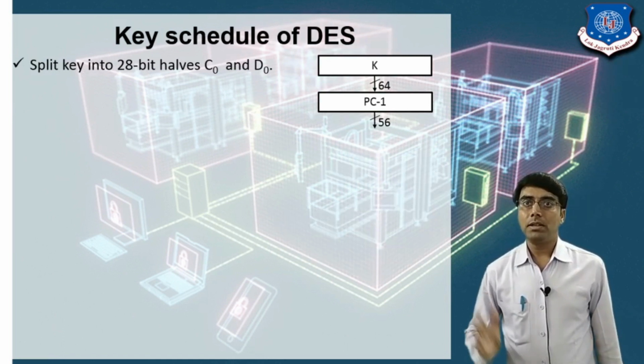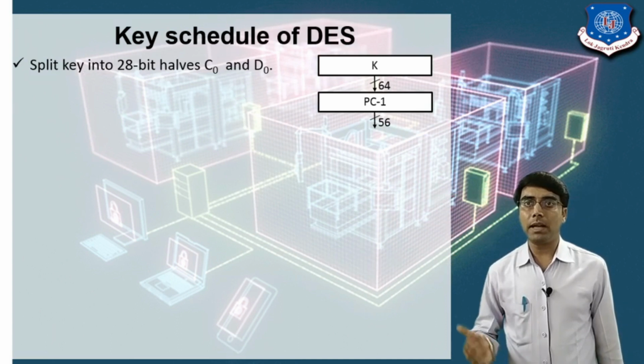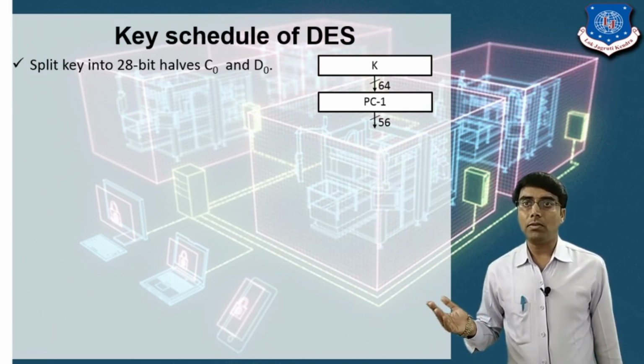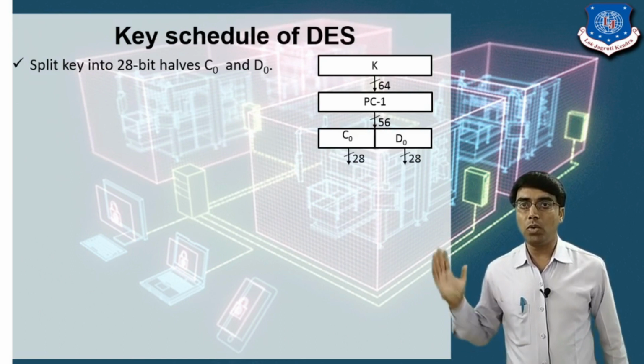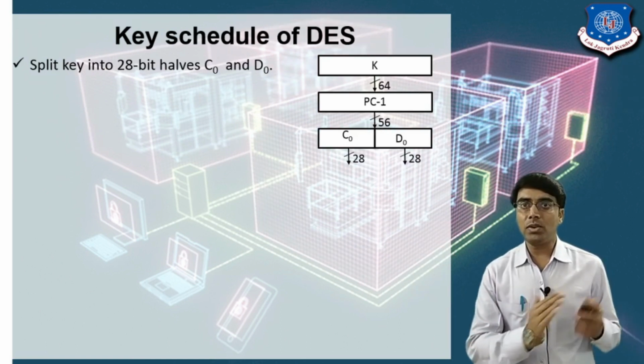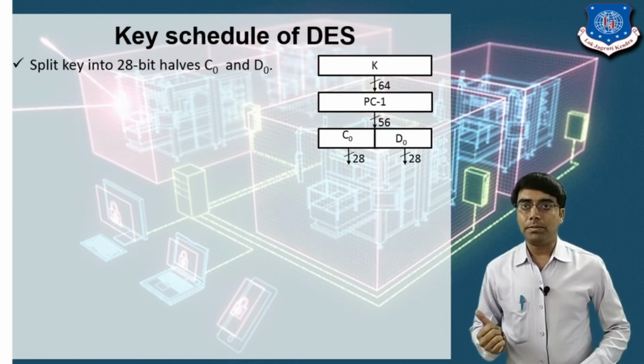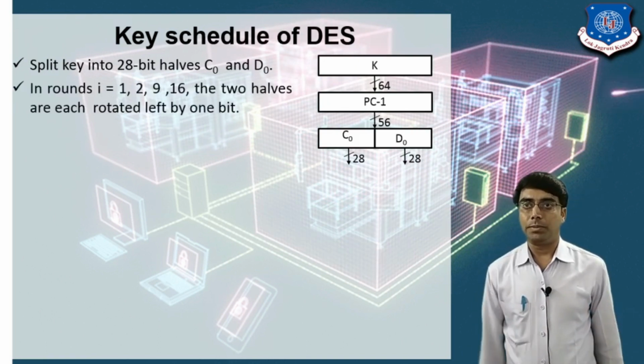I already discussed this 56-bit key. It means that PC1 output will be divided into two halves, C0 and D0.